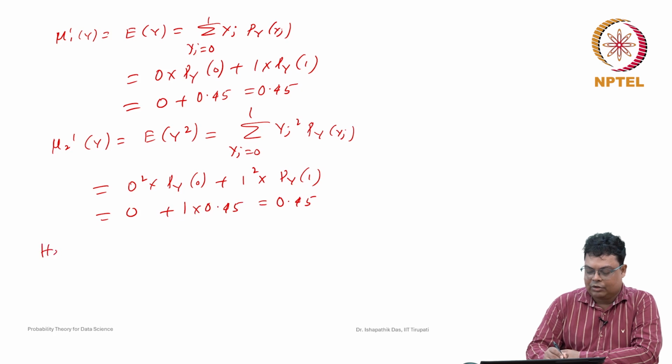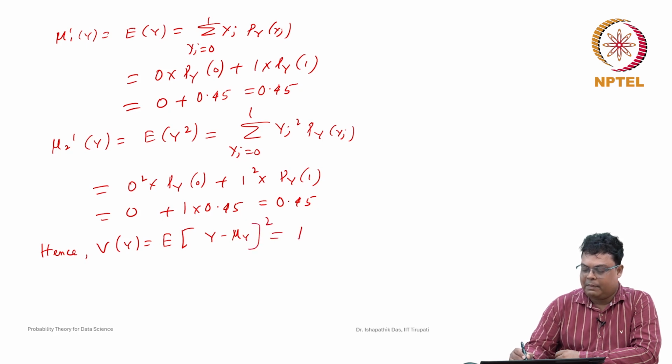Hence the variance of y is, by definition, the expected value of y minus mu y whole square. Its simplified form is mu2 dash y minus mu1 dash y whole square. So this mu2 dash y is 0.45 minus mu1 dash, also 0.45, whole square.